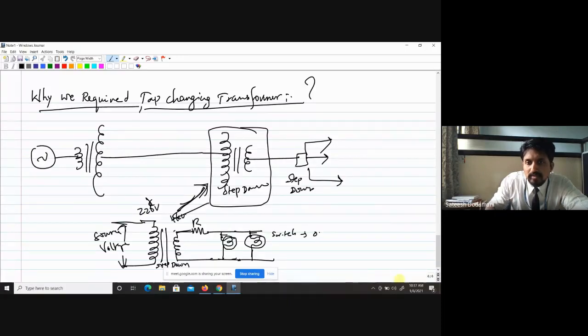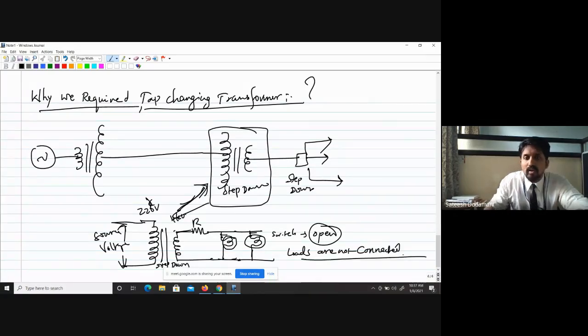Switch is open means loads are not connected. When loads are not connected and you give the applied voltage here, this voltage will induce a proportional voltage at the secondary side.